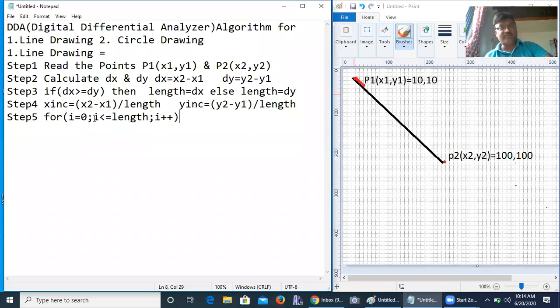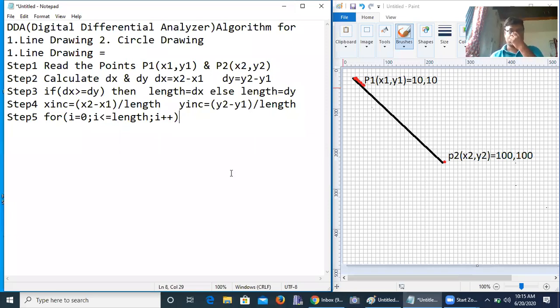Then my second condition is i less than or equal to length. You cannot calculate a line using 0 length, so the length must be greater than 0. So 0 is less than or equal to 1, true. Then you can draw. Suppose the length of the line is 1, then you can draw the line like this.